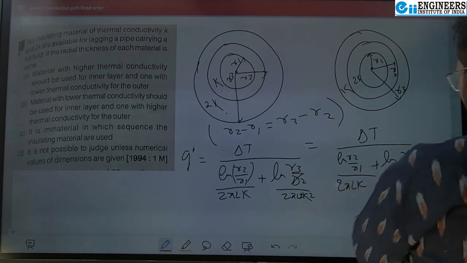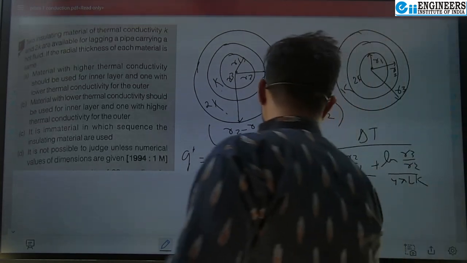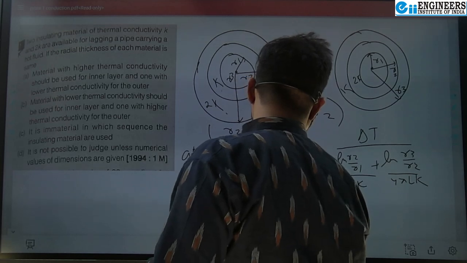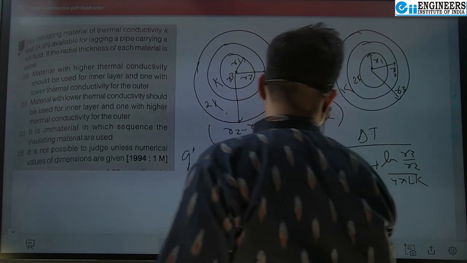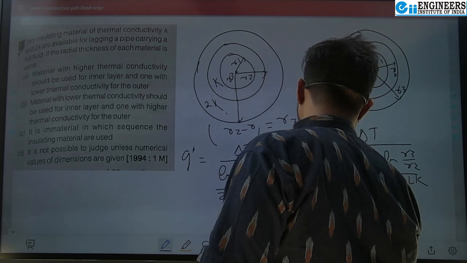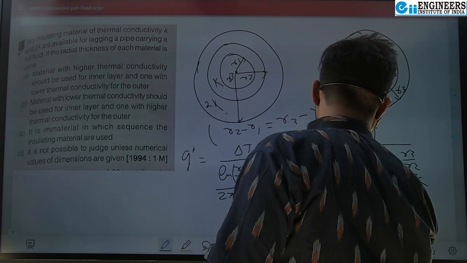Let us take the common factor out over here: delta T divided by 1 by 4 pi Lk, then it will be 2 ln R2 by R1 plus ln R3 by R2.